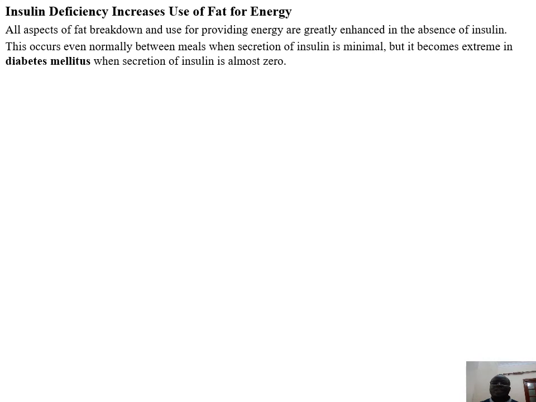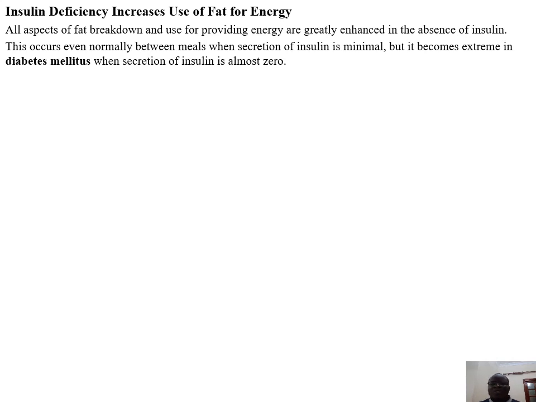So this is where the fatty acids are being used for energy. Almost all aspects of fat breakdown and use for providing energy are greatly enhanced in the absence of insulin. This occurs even normally between meals when secretion of insulin is minimal, but it becomes extreme in diabetes mellitus when secretion of insulin is almost zero.